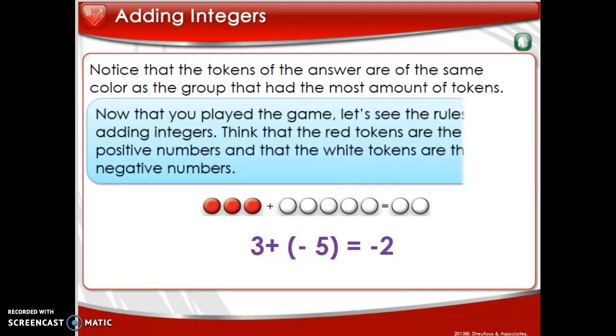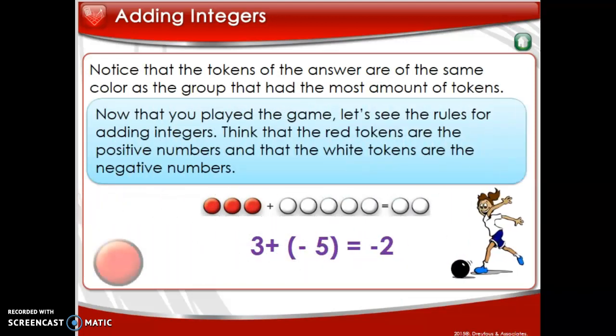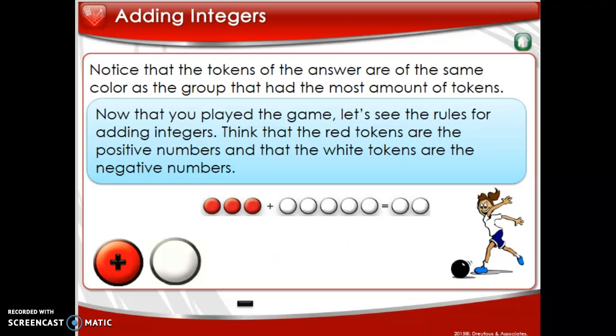Notice that the tokens of the answer are the same color as the group that had the most amount of tokens. Now that you played the game, let's see the rules for adding integers. Think that the red tokens are the positive numbers and the white tokens are the negative numbers.